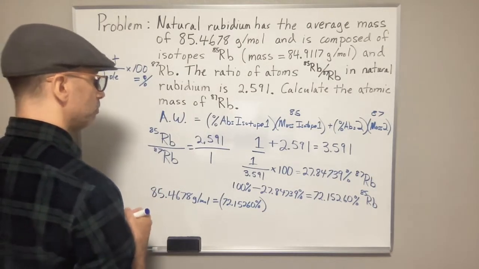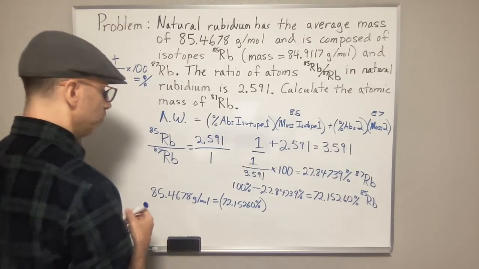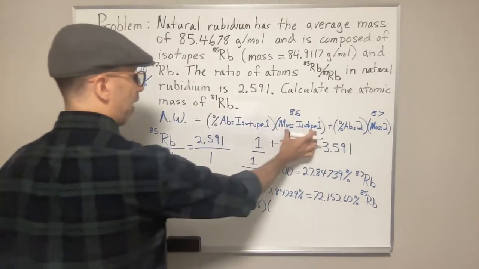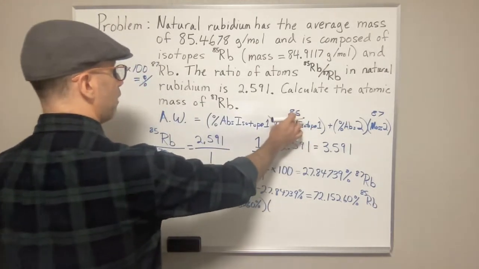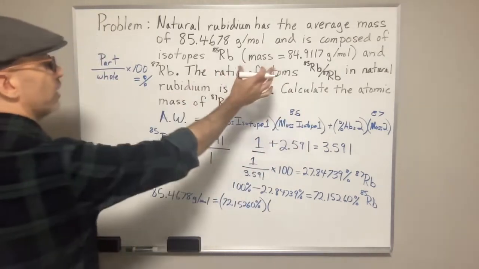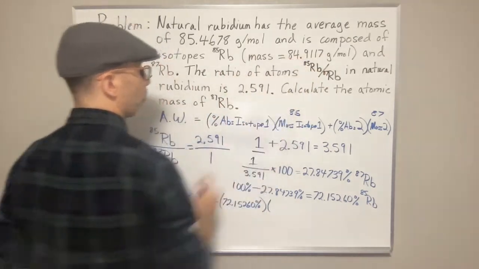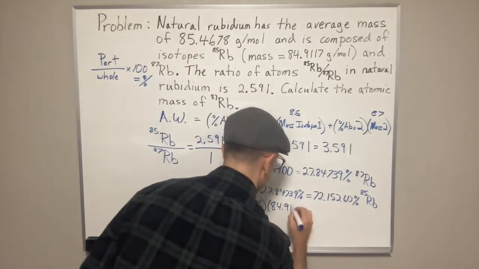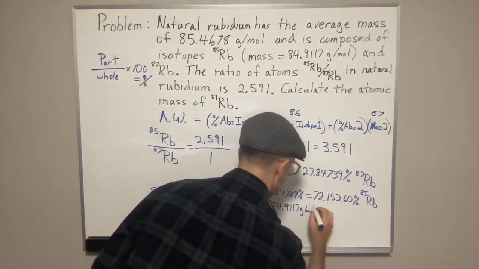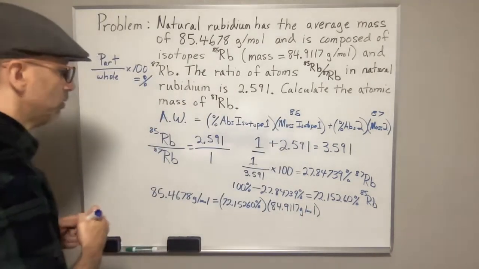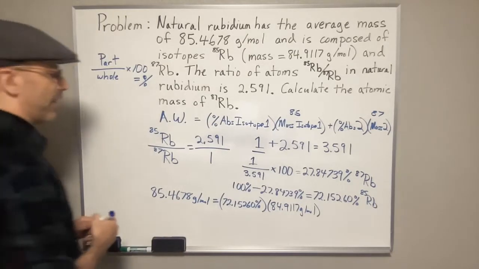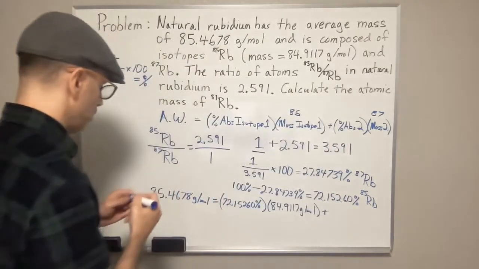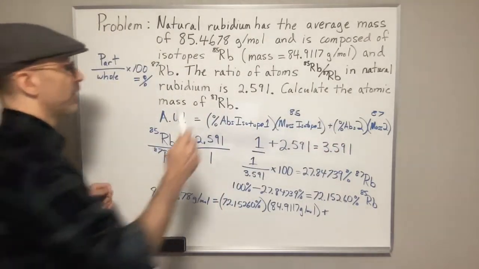And then we're going to multiply that by the mass of isotope 85. So they're giving us the mass of isotope 85, 84.9117 grams per mole. And then we add to that the other part.